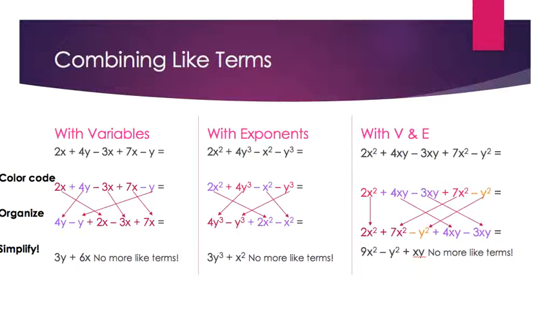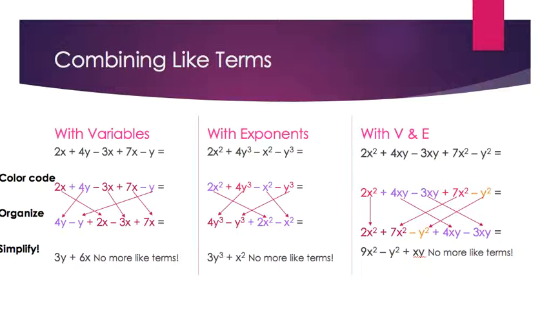When we combine like terms, we want to look at the variables as well as the exponents and follow 3 basic steps in the beginning while we're starting. The first thing I like to do is color code my terms. I want to make sure that any operation prior to the term in the equation travels with it.